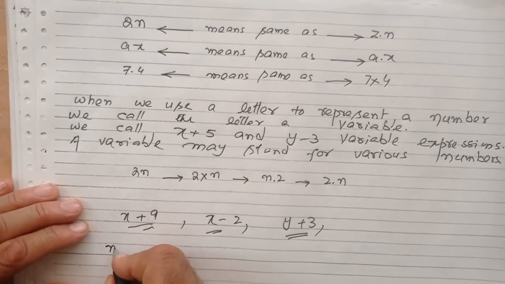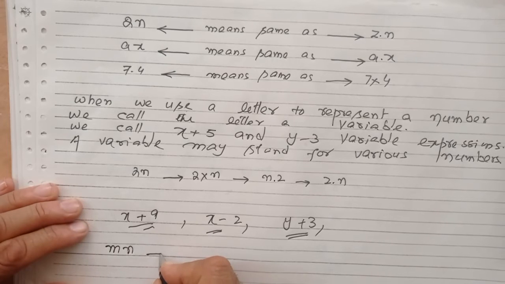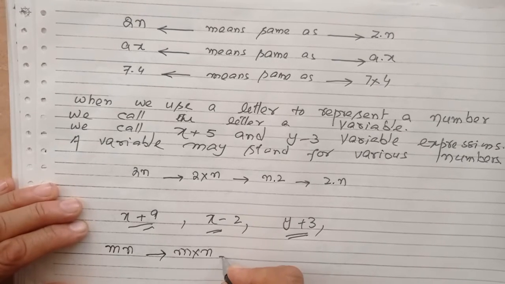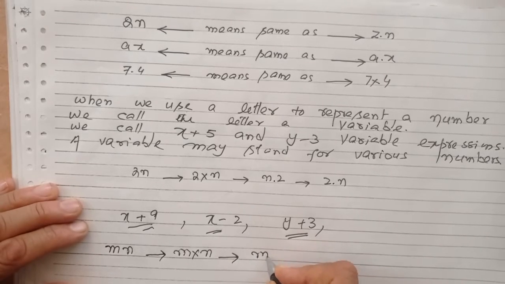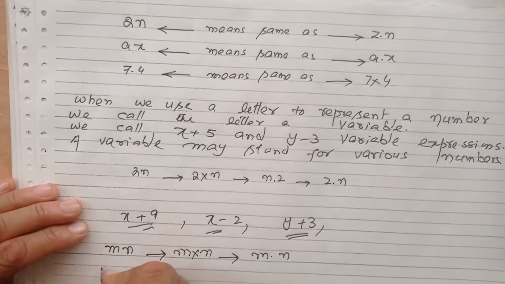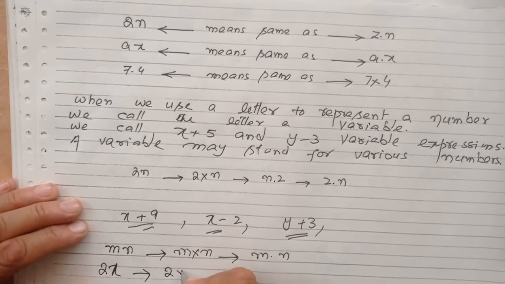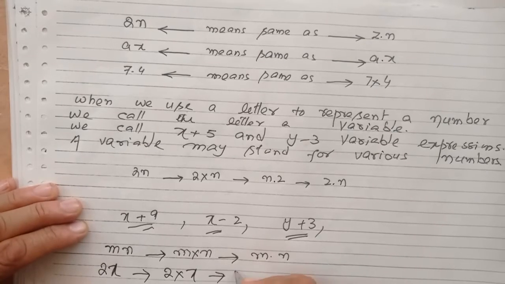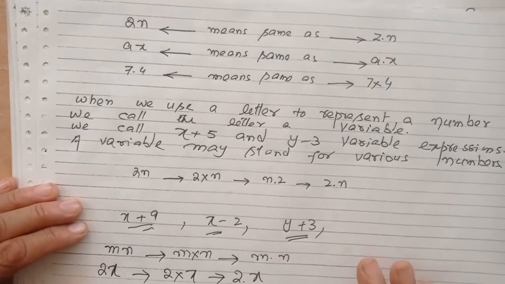Once mn is written, it means m multiplied by n, or m into n. Once 2x is written, it means 2 multiplied by x, or 2 into x.